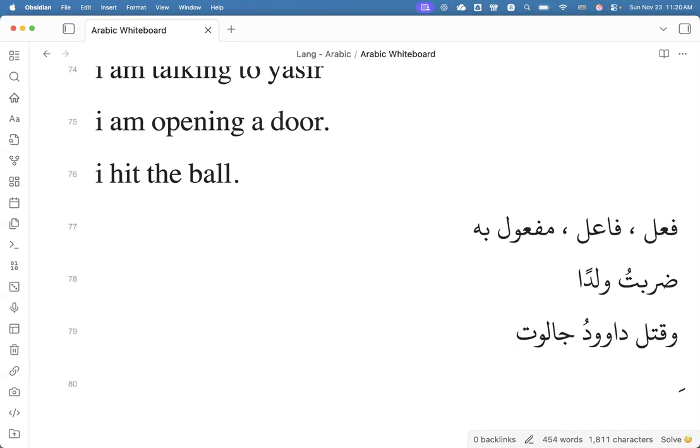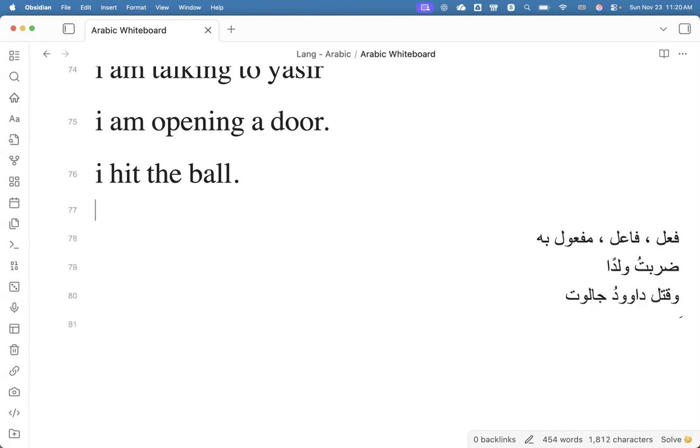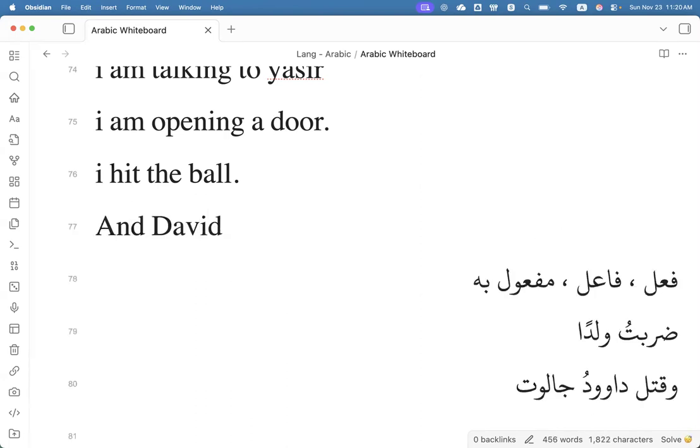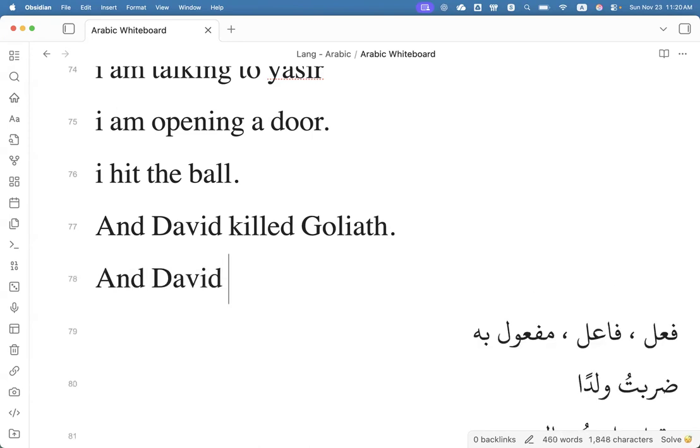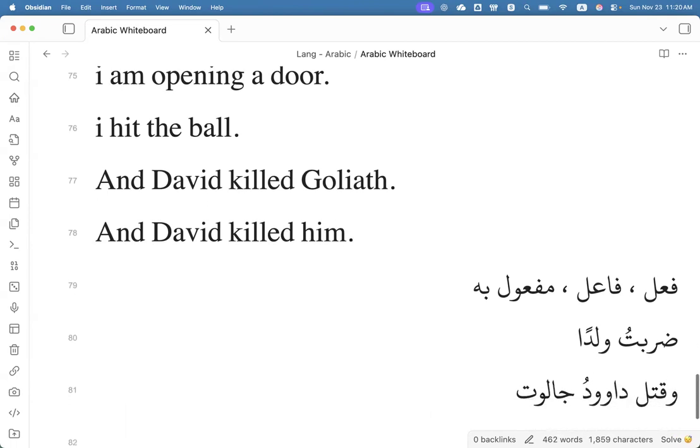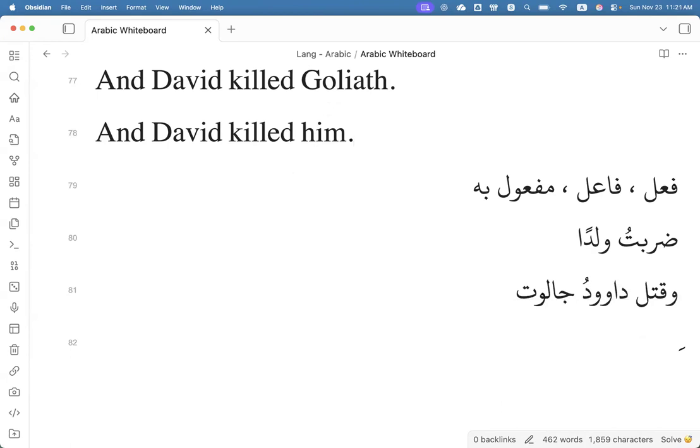If I say David killed Goliath, right, can I also in English say and David killed him? Can I say that? Yes, we can. How do we write this?